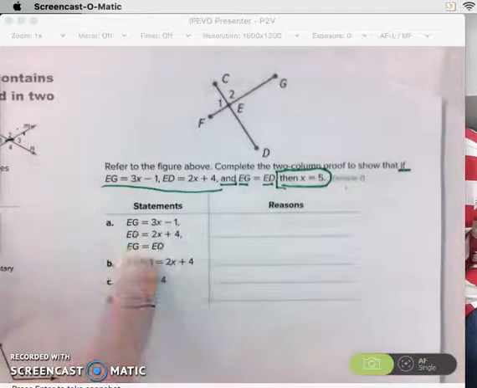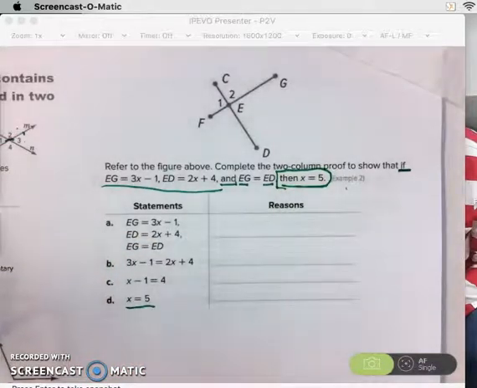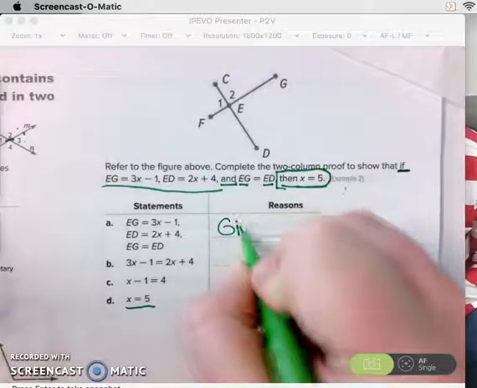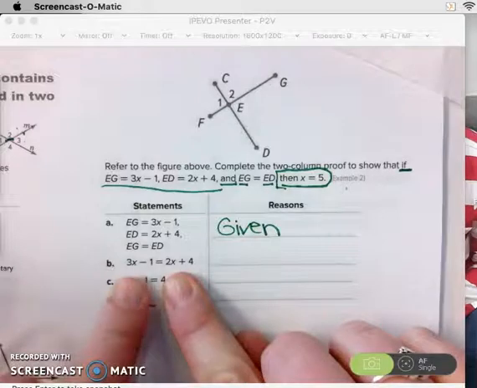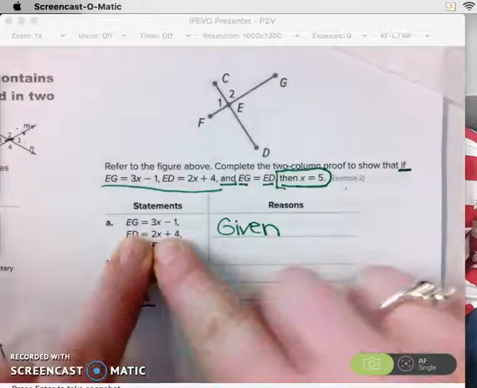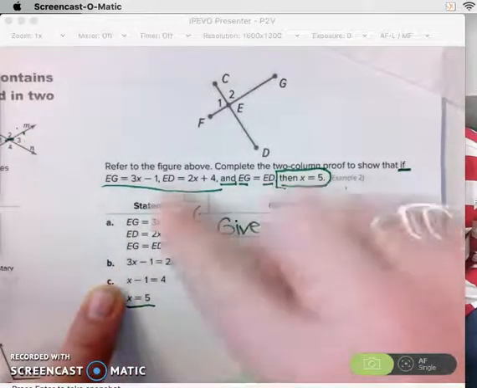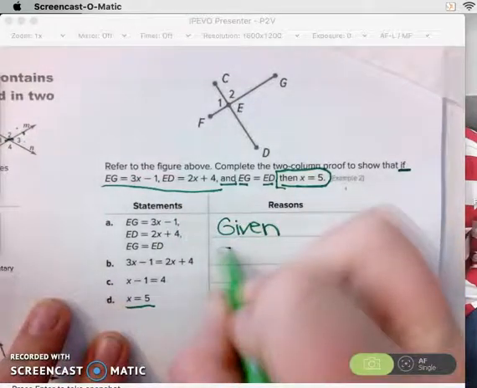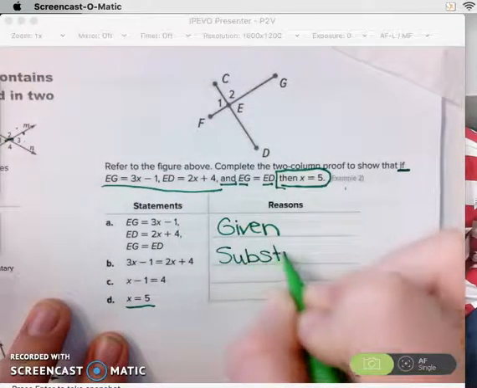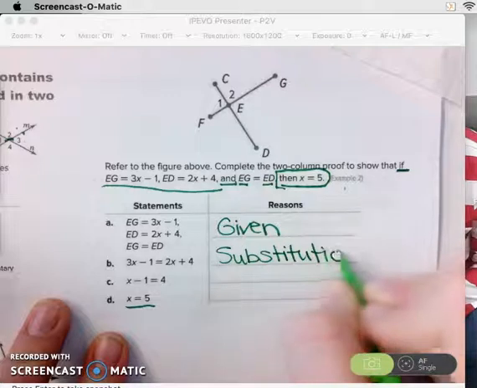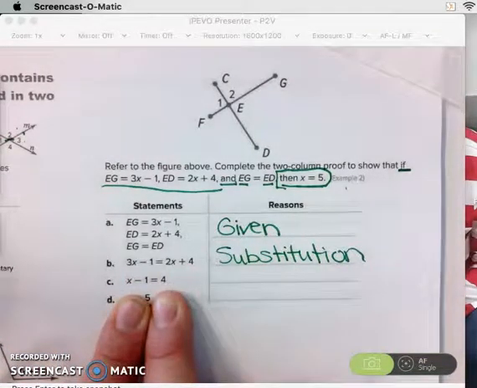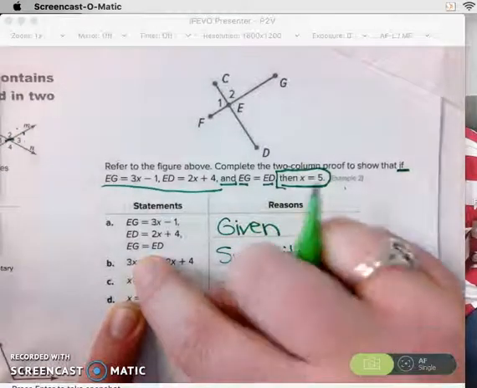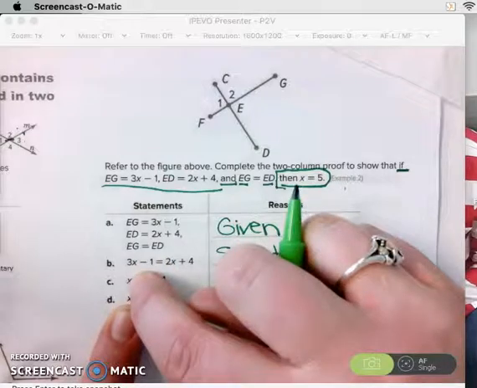My first statements are always my given information. Now, how do I know that 3x minus 1 is equal to 2x plus 4? What did I do with this information up here? I substituted. Then from here to here, I got from 3x to x.